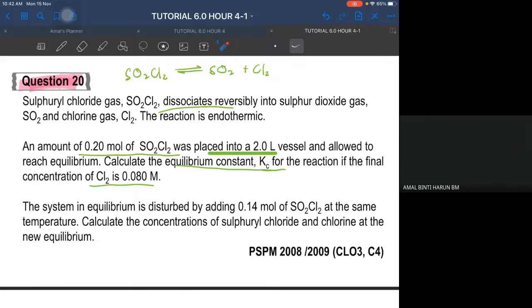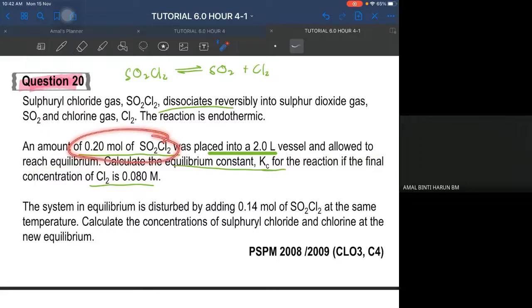Okay. So inilah benda yang paling crucial hendak ditentukan di awal-awal soalan sebelum kita meneruskan calculation. That means you need to determine this mole ataupun concentration given of the reactant at initial or at equilibrium. Baca balik soalan. Banyak ni mole was placed in ni and allowed to reach equilibrium.